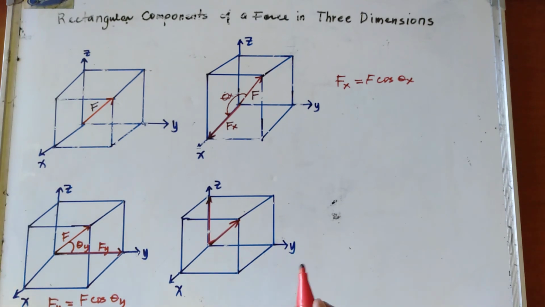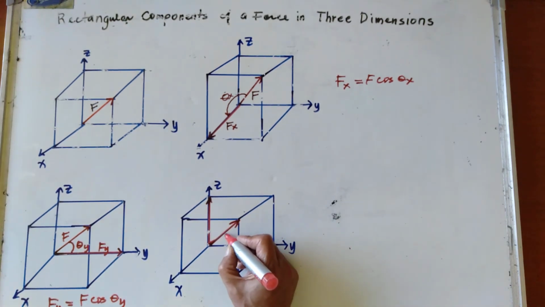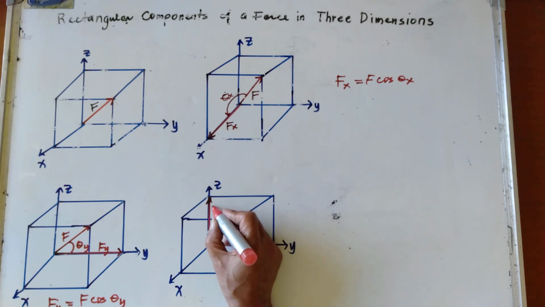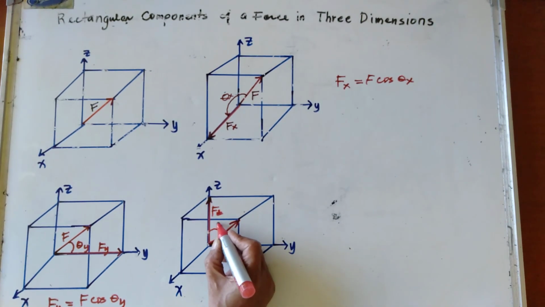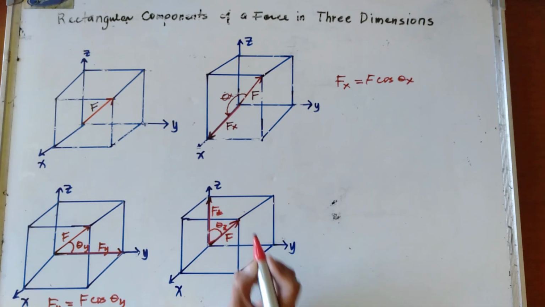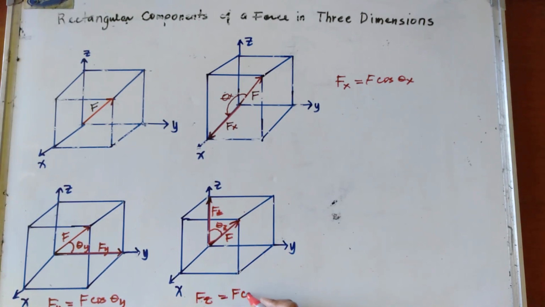Similarly, the component of the vector F in the z-axis, which makes an angle of theta z with the z-axis, is Fz equal to F cosine of theta z. So these are therefore the components.